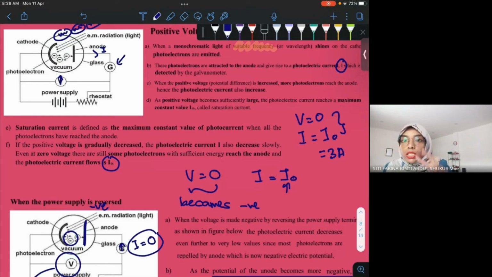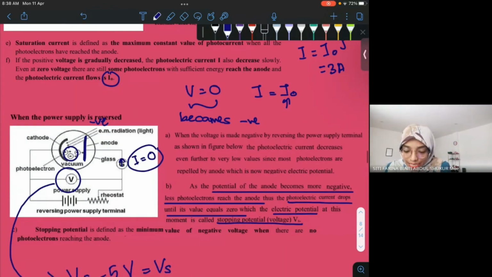Therefore, what you do is, you reverse the terminal. When you reverse the terminal, your potential now becomes negative potential. Okay, so this indicates that your anode now is a negative terminal. So bila dia negative terminal, current yang tadi tengah flow dekat sini, yang kita ada 3 ampere current yang tengah flow, due to still there is some photoelectron reaching, apa yang akan jadi adalah dia akan mula repel the electron.